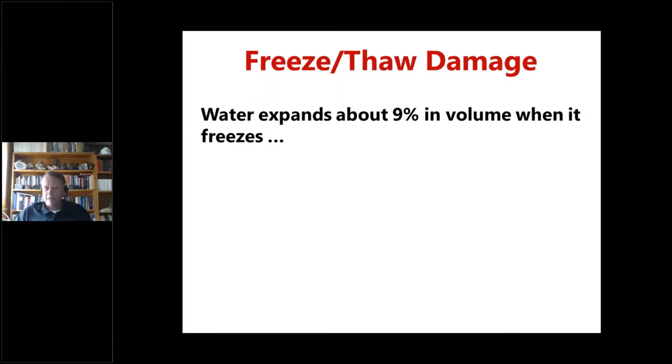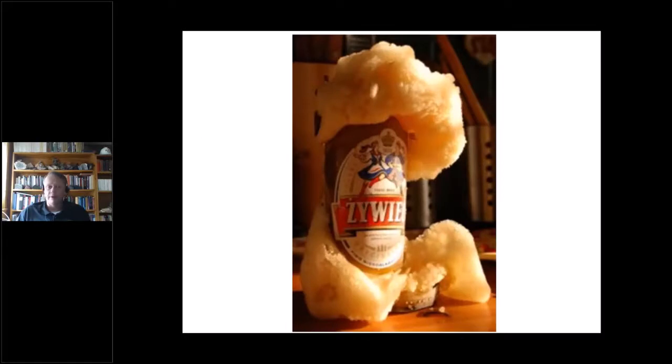We all know, for example, that water can get into concrete, from rain, melting snow, groundwater, whatever, so it has water in it just naturally. And when that water freezes, it expands about 9% in volume. We know this already if anybody's accidentally put a beverage in the freezer and forgot about it.